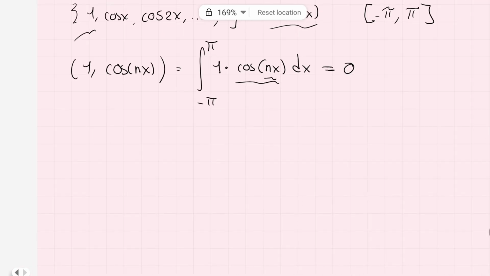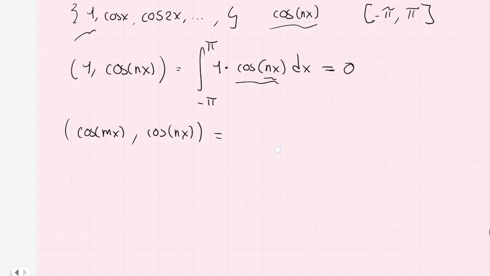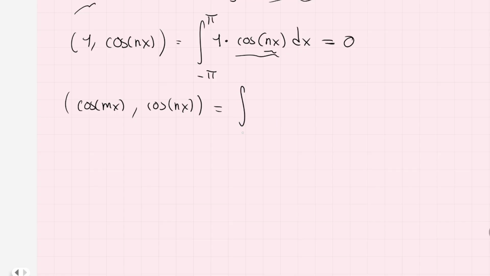Okay, perfect. Now we are going to take two different terms of the set, for example cosine of mx and cosine of nx, and this inner product is the integral from negative pi to pi of cosine of mx cosine of nx dx.